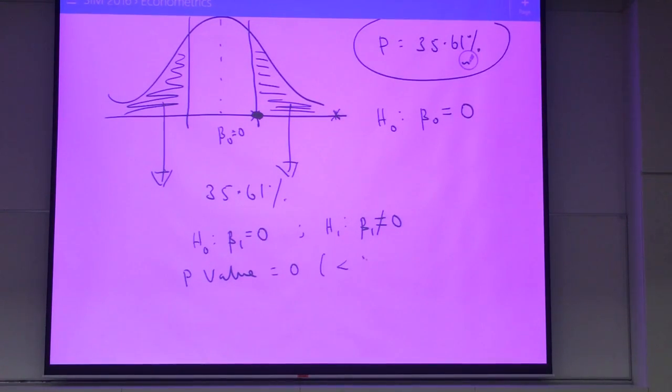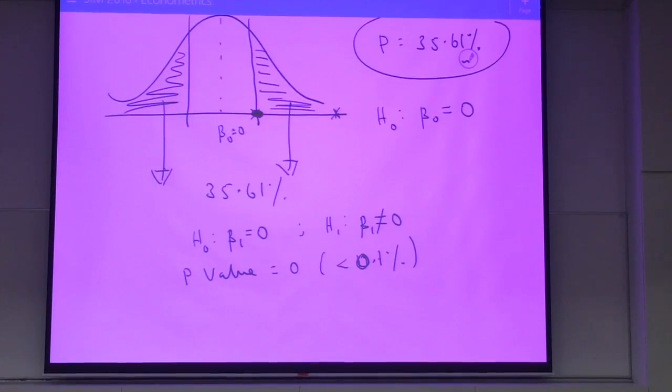So we can say less than 1% or less than 0.1%, instead of saying less than 5%. Even if you take a 0.1% significance level, it's going to be rejected. Therefore, H0 is rejected. Beta 1 is significantly different from 0.